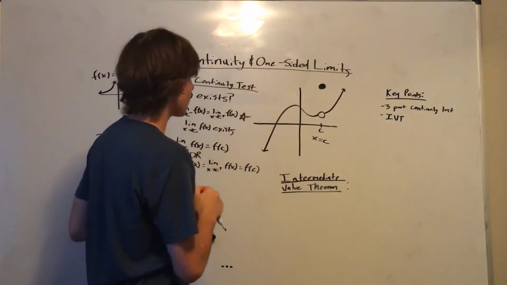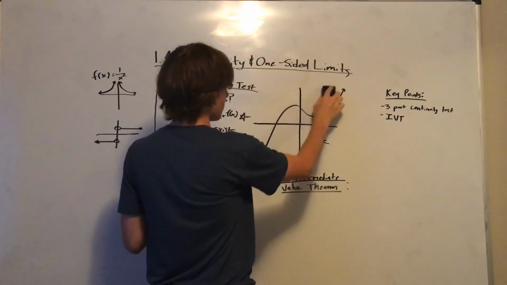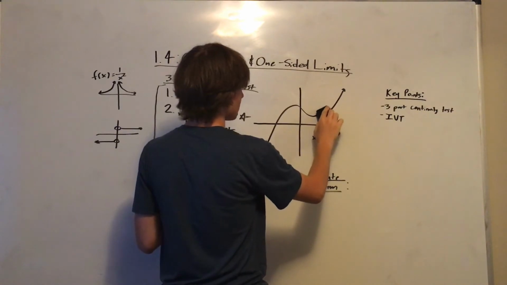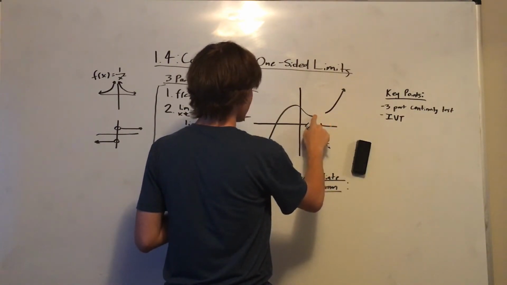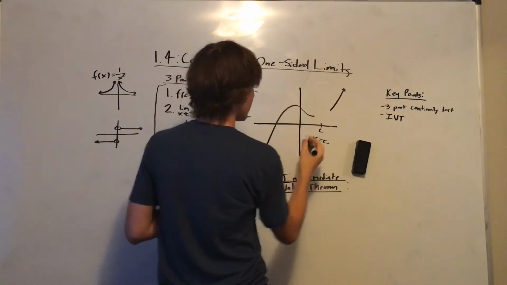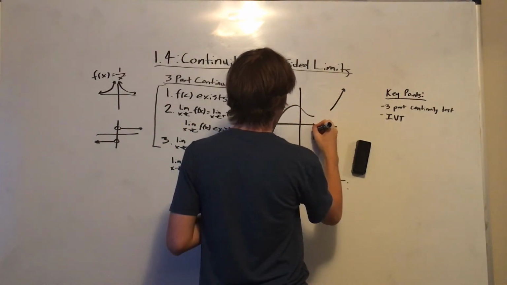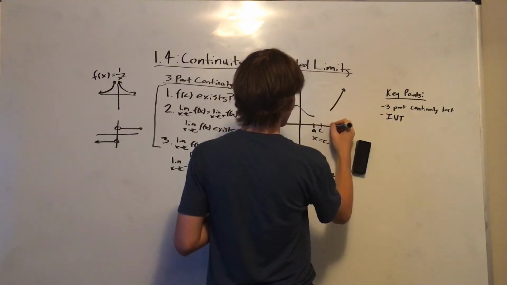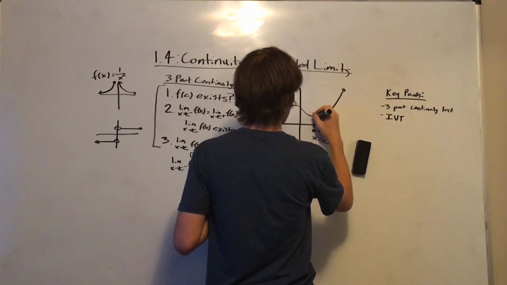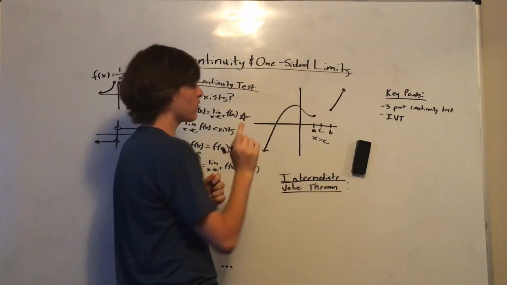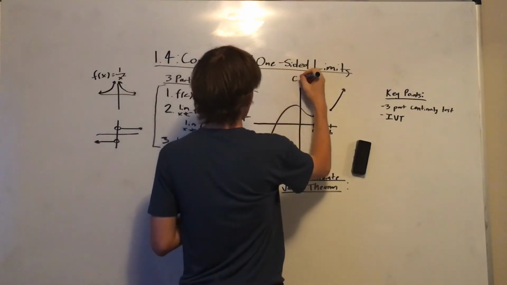If we have a continuous function, it must be continuous. Let's leave a little gap here for now. Let's call this point right here A. Let's call this value right here B. And then put points in. Okay, let's say that we know this function is continuous.